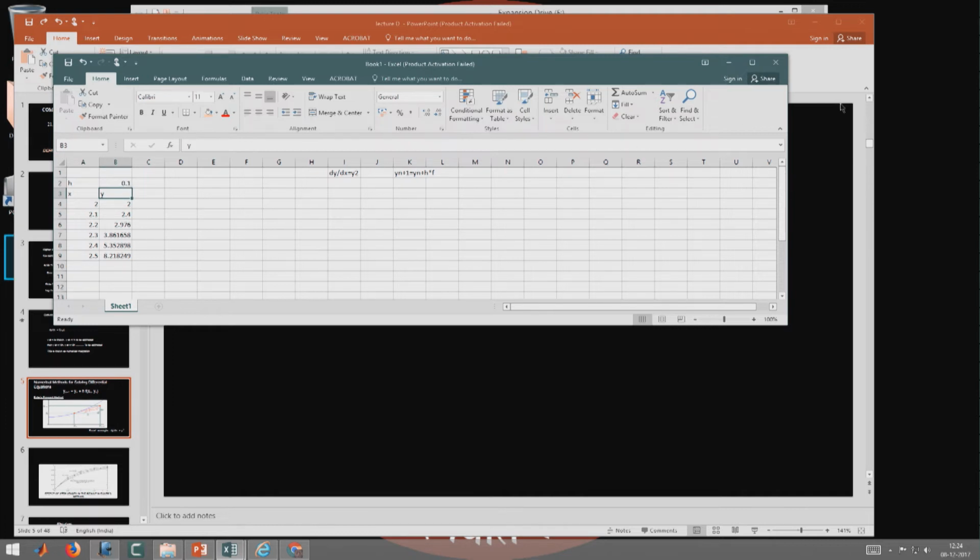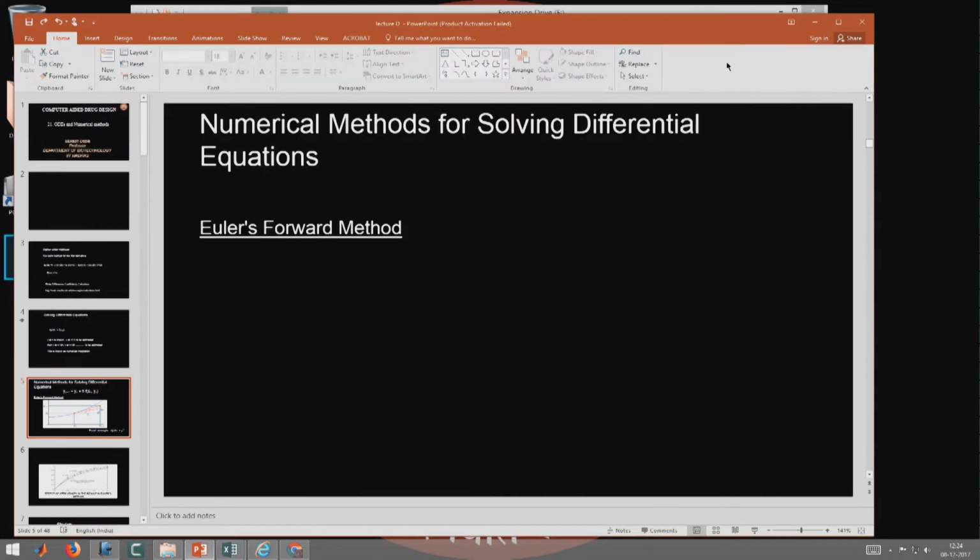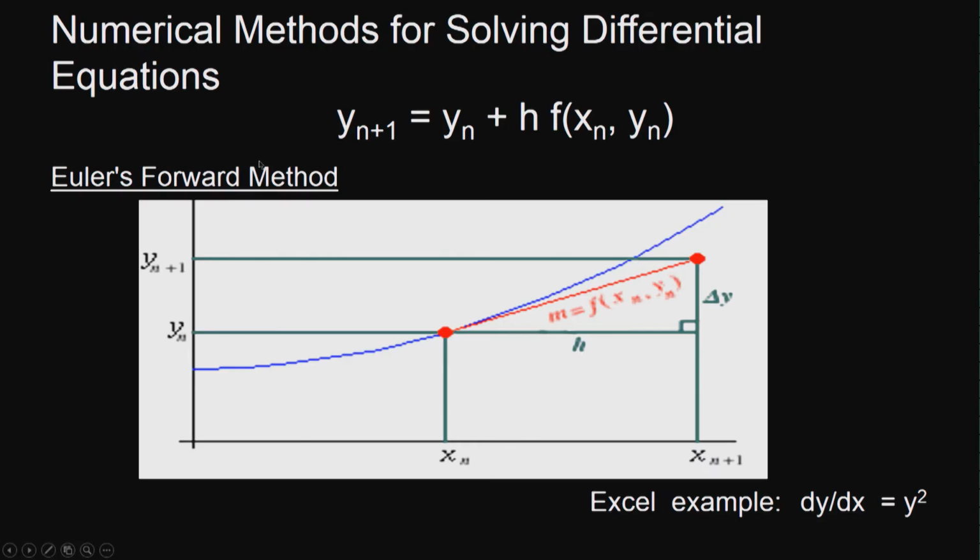So, there are other methods which can give better accuracy. This one is very simple, as you can see. It just takes the h, multiplies by the function value, that is the dy by dx value, and adds it to the starting y. So, it calculates yn plus 1.